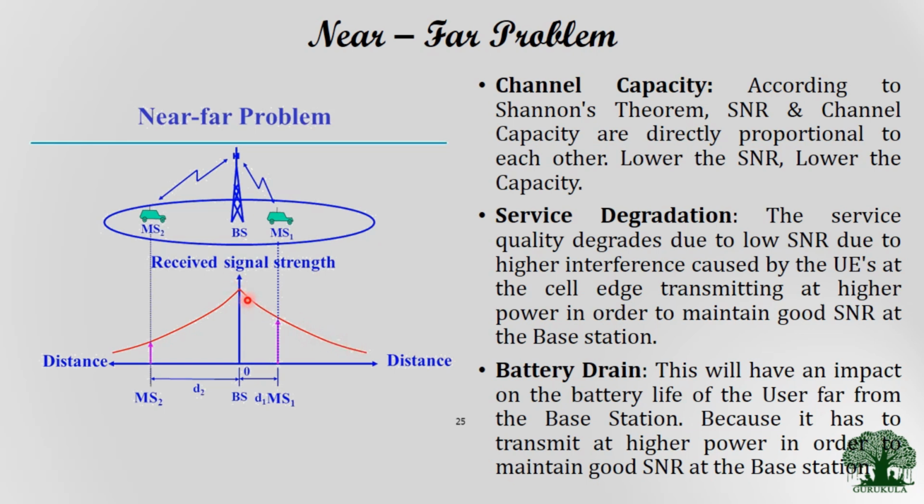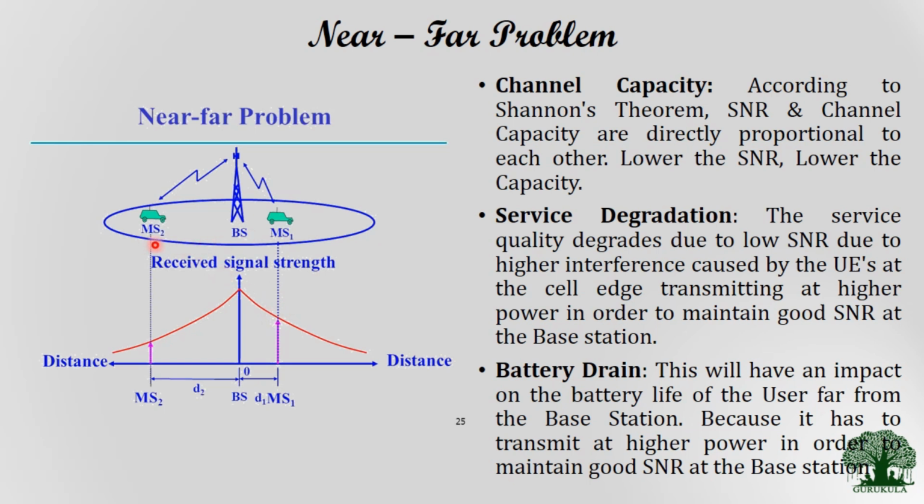As for our example, MS1 is very close to the base station, so it will have higher power compared to mobile station 2. Mobile station 2 is much farther from the base station, so at this distance the received signal strength will be much lower compared to mobile station 1.